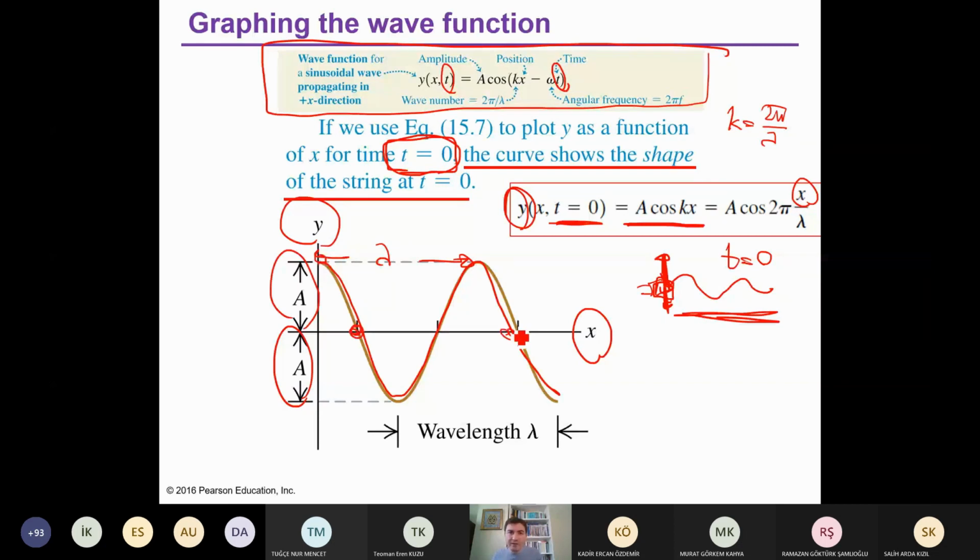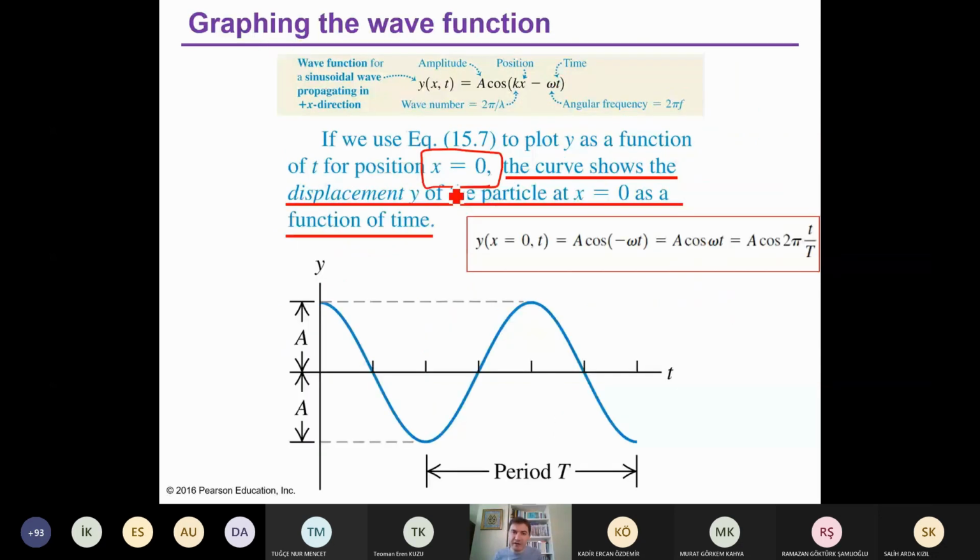When the x position is 0, what about the position of a particle as a function of time? Okay, so here x will be 0. If you put 0 here, then you will have A cosine minus omega t. Since cosine of negative theta is equal to cosine of positive theta, you can write it like this: A cosine omega t.